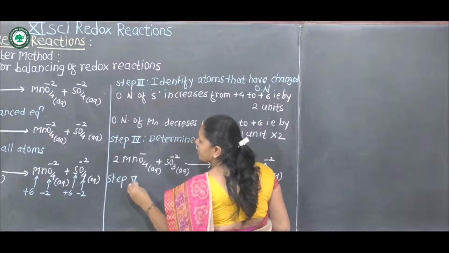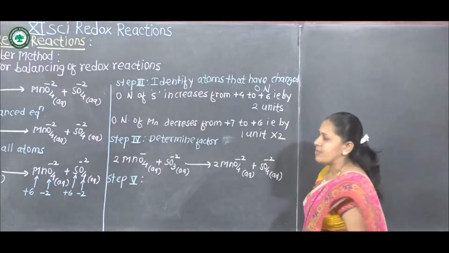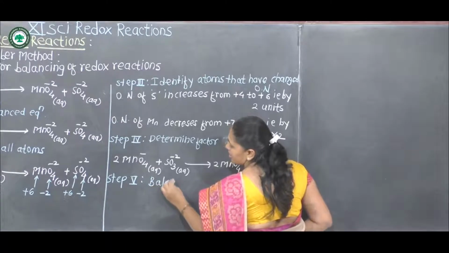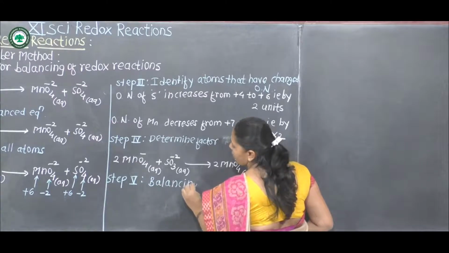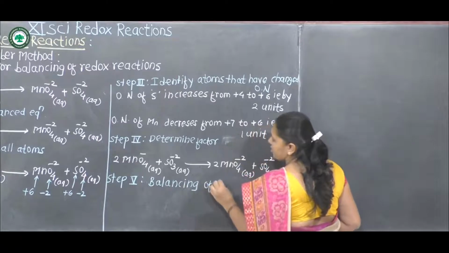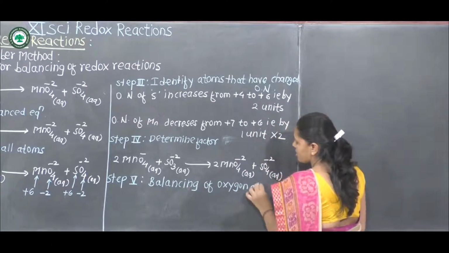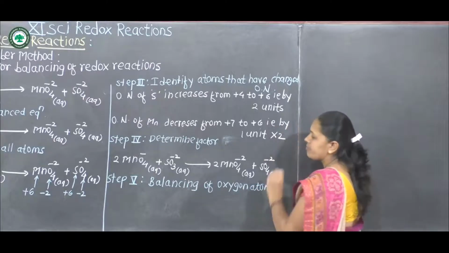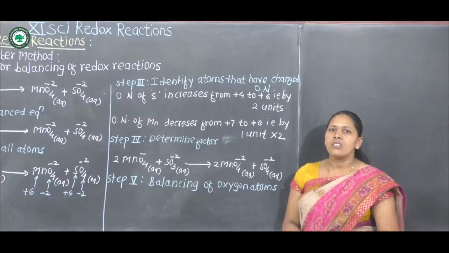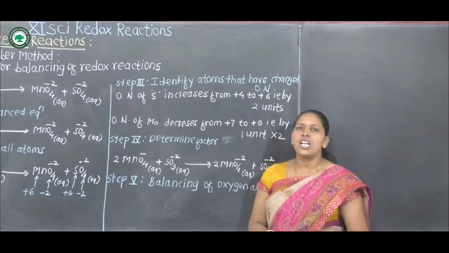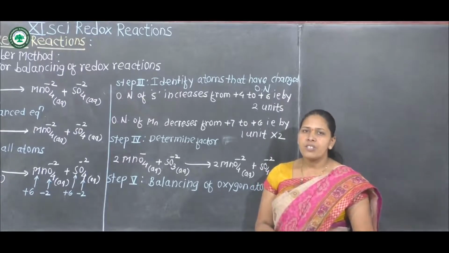Then next step is step 5th, balancing of oxygen atoms. How to balance oxygen? First of all, calculate number of oxygen atoms in reactants and products.